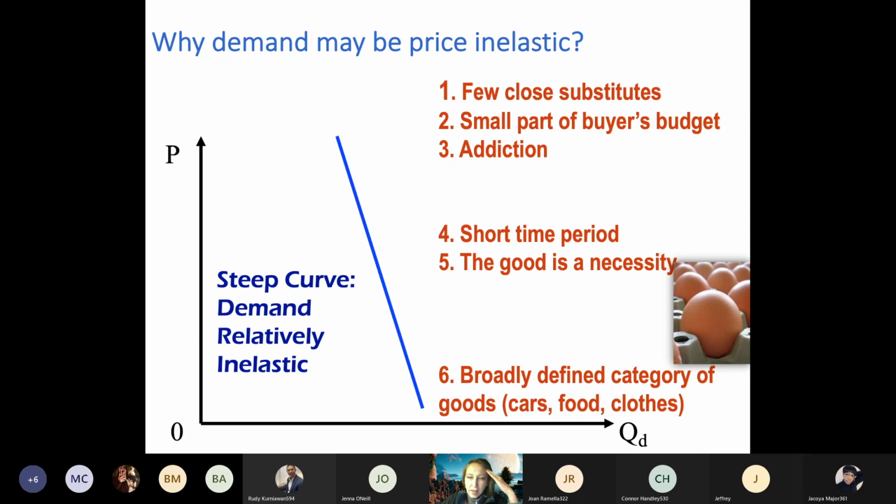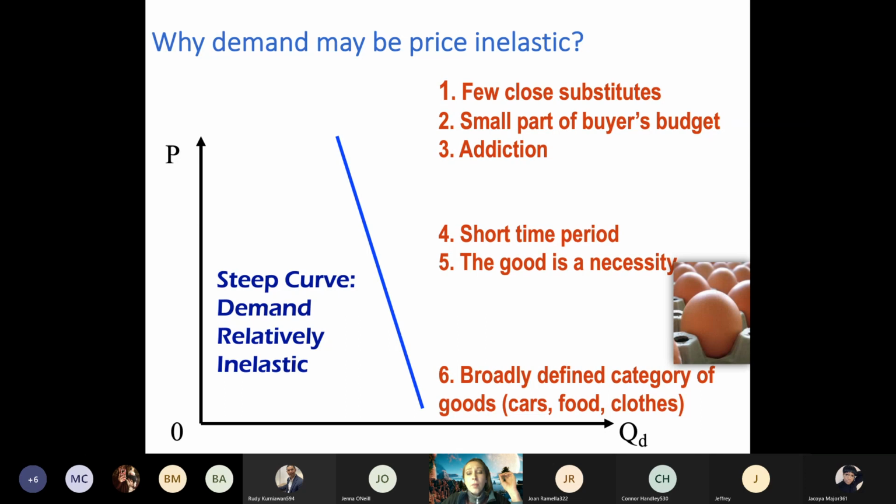The broadly defined category of goods such as cars, food, and clothes have a less elastic demand compared to many varieties of, say, different foods within foods.